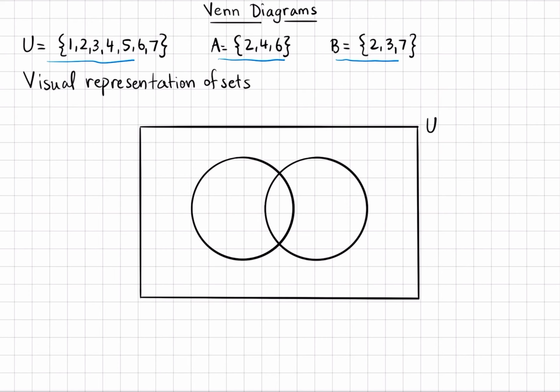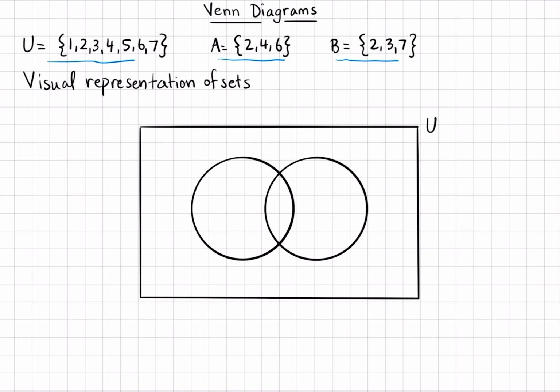So the universal set in any situation we're given is always going to be a rectangle that will represent all the elements in the universal set.